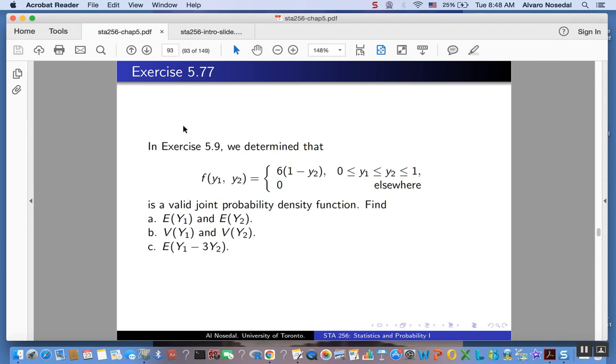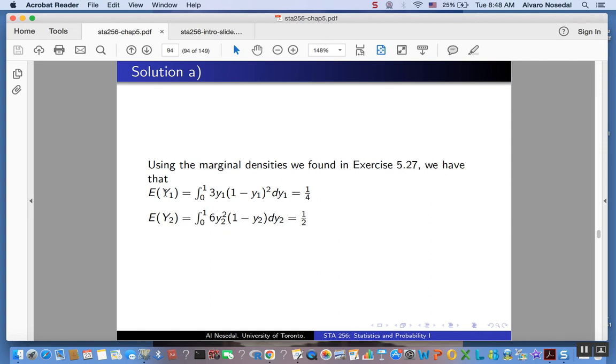You find the marginal, and then it's a regular expected value. No need to do double integrals. Can you see that it was 1/4? You do the same for y2. You could find the marginal, and then it's a regular expected value, the kind that we had before.